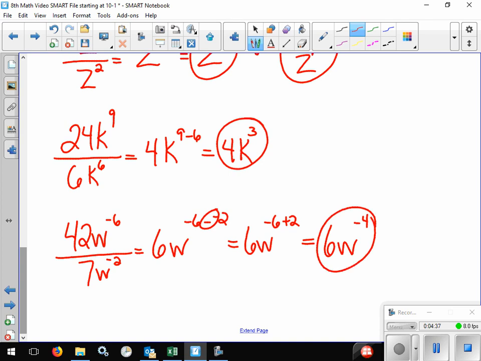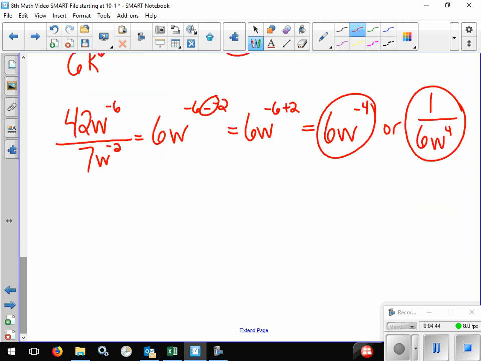And again, some professors might make you do 1 over 6w to the 4th. Just depends on your teacher, so I just want to make you aware of that. And actually, if I want to be very clear, the 6 would stay in the numerator, so it would be 6 over w to the 4th, technically.